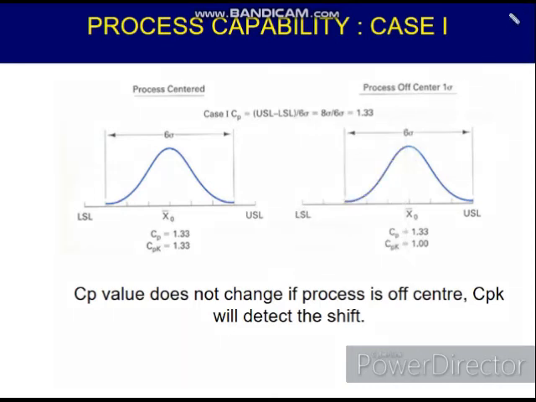Okay. But if you look at this example here, so again, this is the LCL, and this is the lower spec limit. This is the upper spec limit. This is X bar, so X bar is here, center, right?